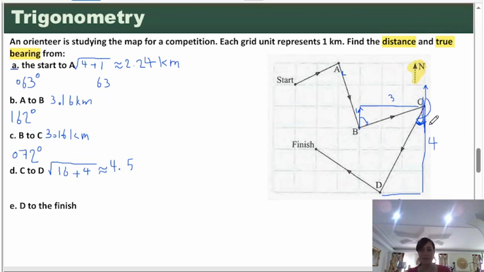To find this angle, I say theta equals the inverse tangent of 2 over the adjacent side, which is 4. Inverse tangent of 1/2 is almost 26.6.